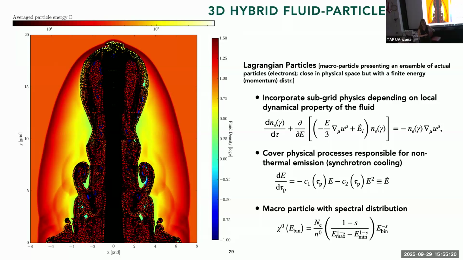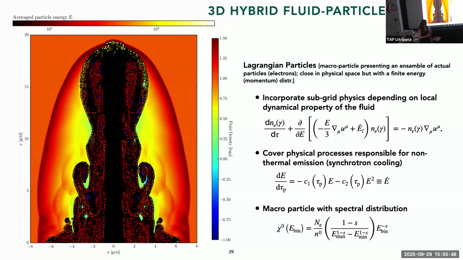But besides following the underlying fluid, they develop their non-thermal attributes self-consistently. So with the Lagrangian particle module, we can incorporate subgrid physics depending on the local dynamical property of the fluid. The main part here is that we focus our attention on the synchrotron cooling, so the radiative losses, the cutoff at the end of the spectrum that we saw earlier.